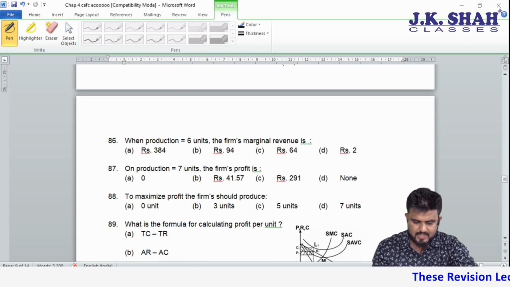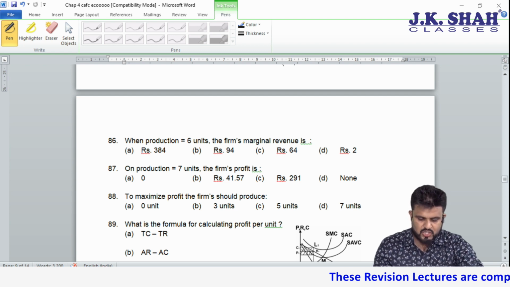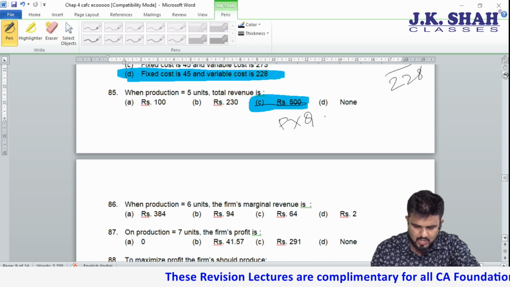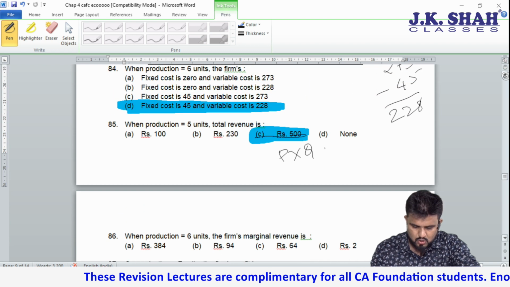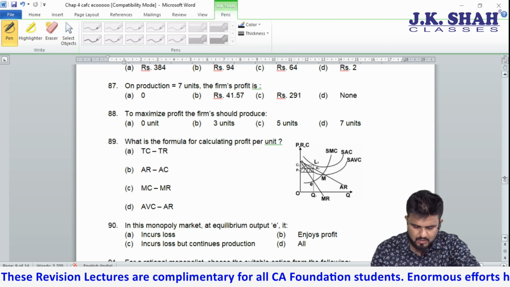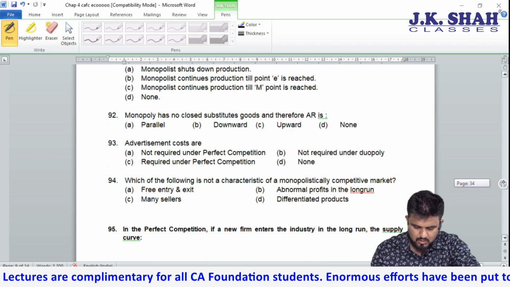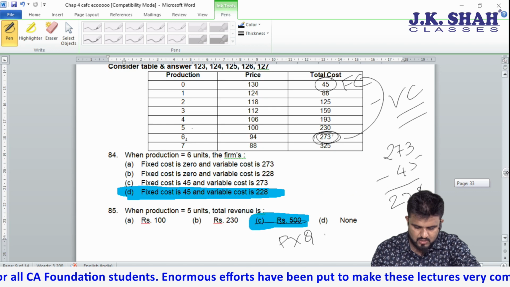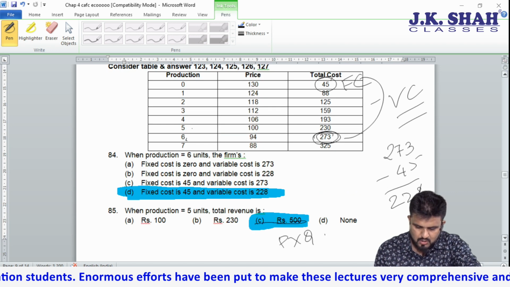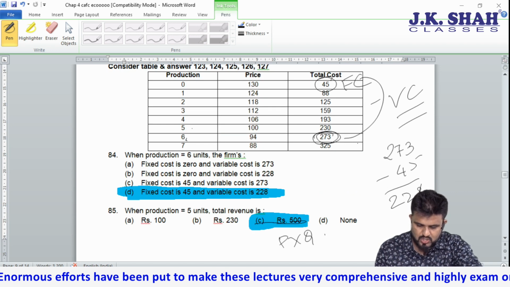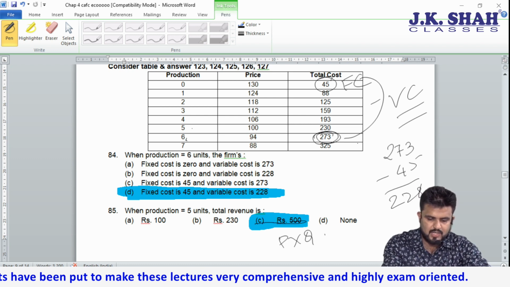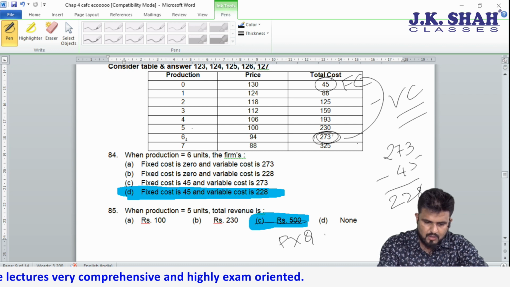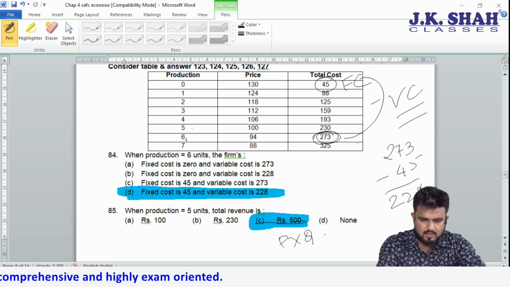Moving to 86. When production at 6 unit, firm's marginal revenue they are asking. Marginal revenue. So look at the table again. Unit 6 they are telling what is the marginal revenue. So can I say 273 minus 230 divided by 6.